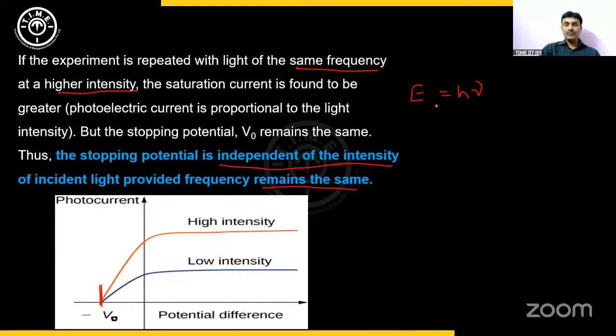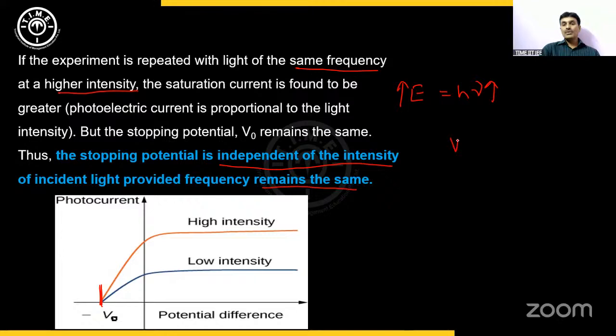So it is clear from this observation that stopping potential depends upon frequency but not intensity. If you increase the frequency, the energy of the incoming radiation increases. So more energetic photons will impart more kinetic energy to the electrons. In order to stop these electrons with more kinetic energy, more negative potential is required.